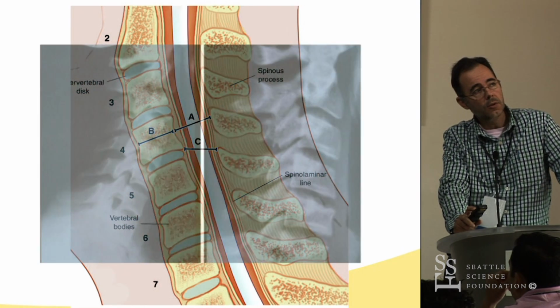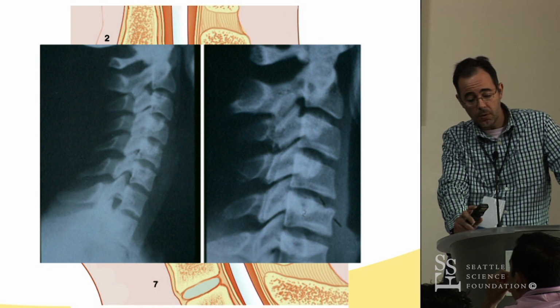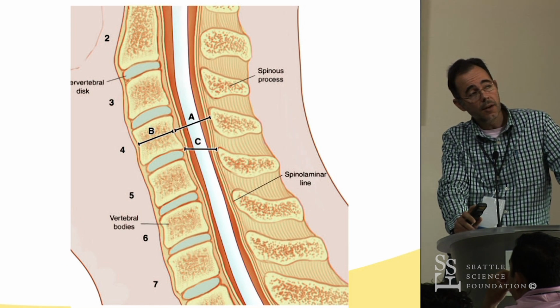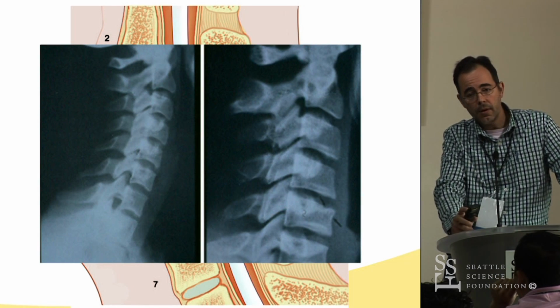However, if you take an X-ray, you can appreciate that when A is larger than B, or B is smaller than A, you will have an episode of stenosis.